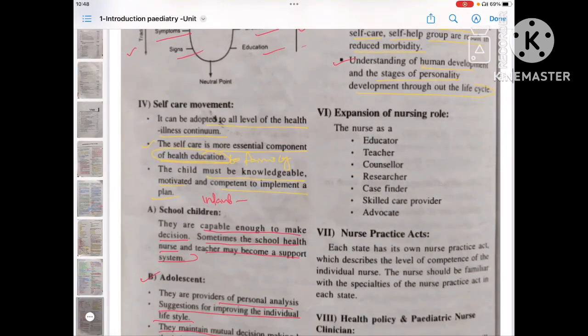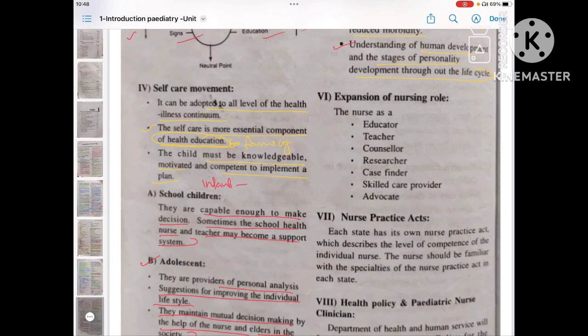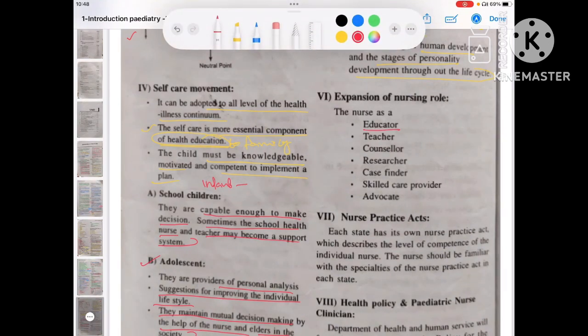And next, the sixth one, is the expansion of the nursing role. How can we expand the nursing role? You have studied that nursing role. A nurse has to be an educator, teacher, counselor, researcher, case finder, skilled care provider, and advocate. In first year you have studied nursing.